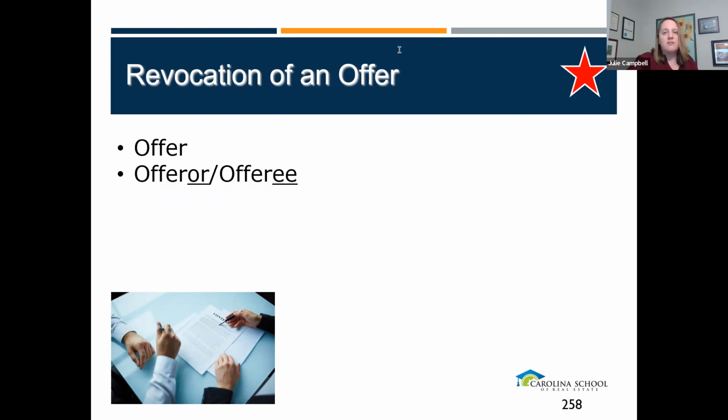When the offeree receives an offer, the offeree always has three choices. They can accept it, they can reject it, or they can counter it. If they're accepting it, they're agreeing to all of the terms exactly the way they are.